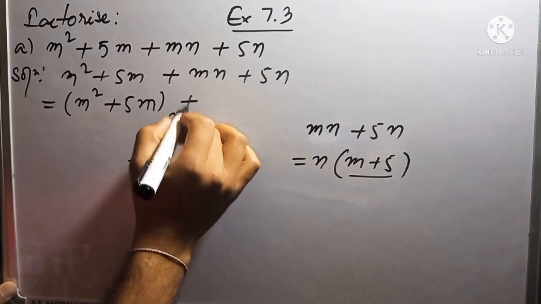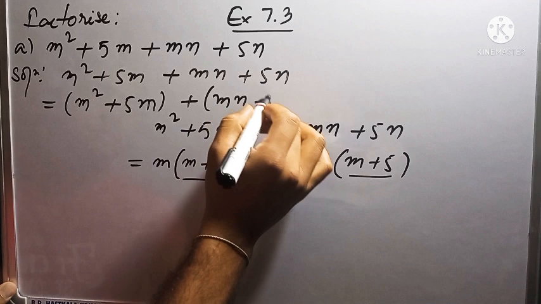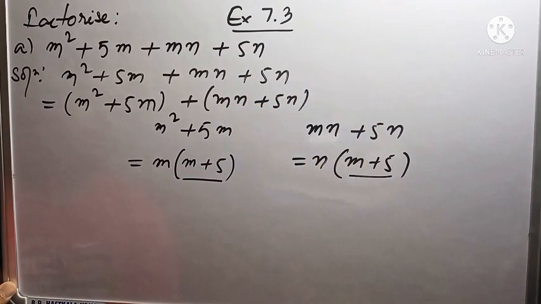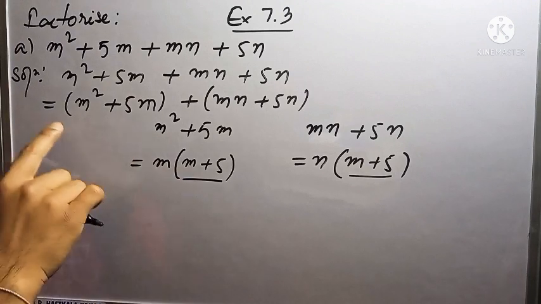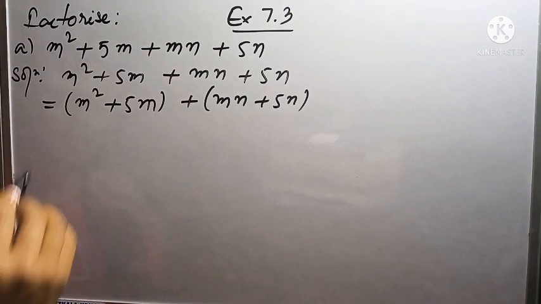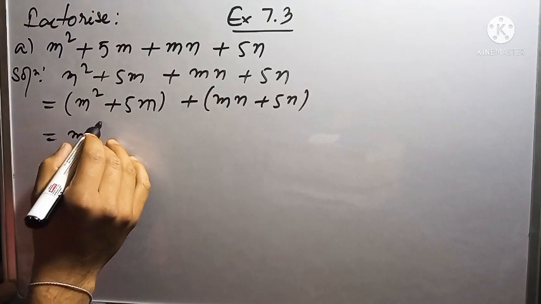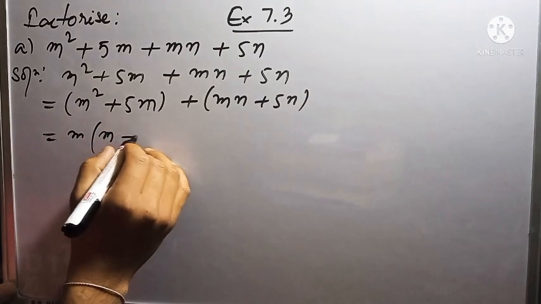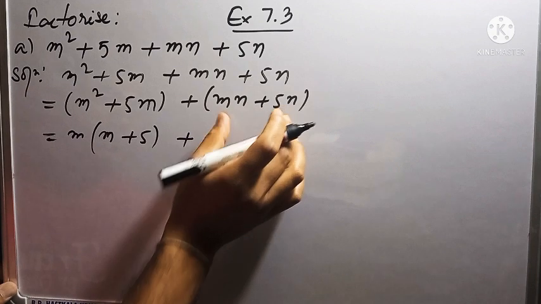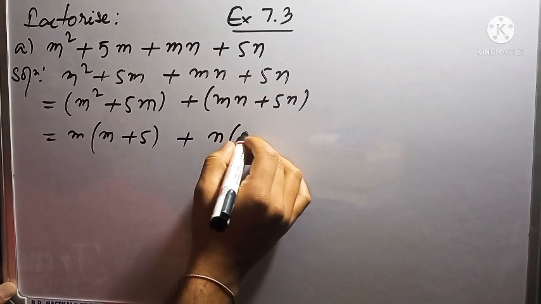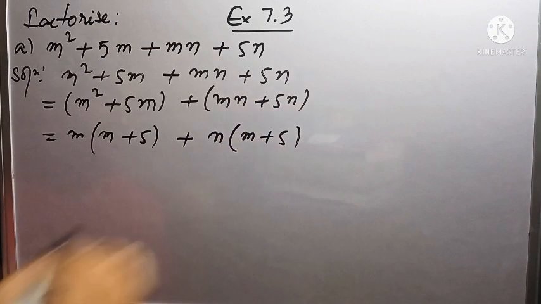And what about the next? mn plus 5n. So after this, what did I do? The same process will be done here. I'll write here now m, and then here m plus 5, plus. From here, you will take n common, then here m plus 5.